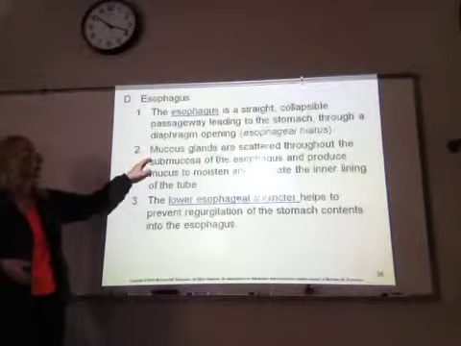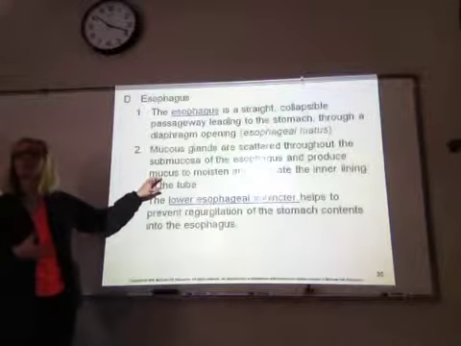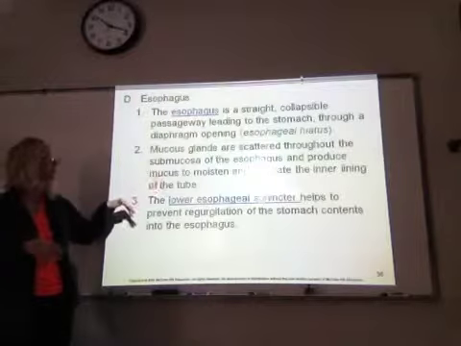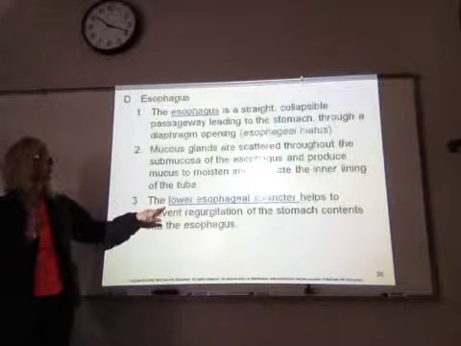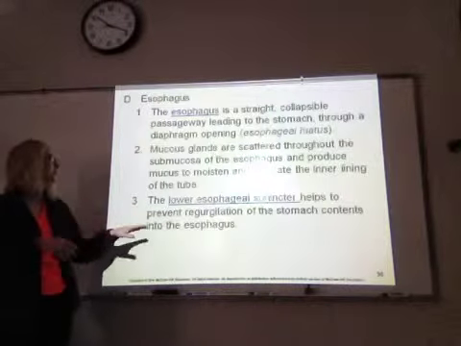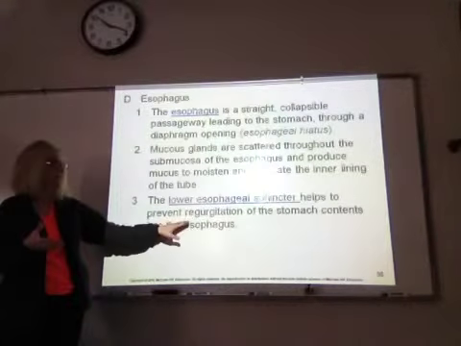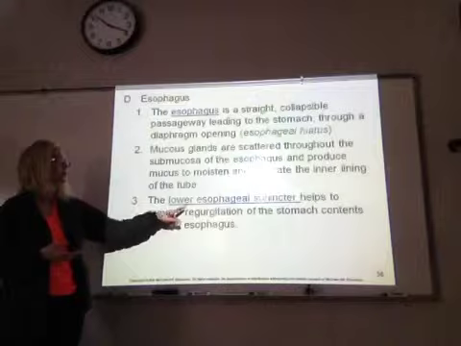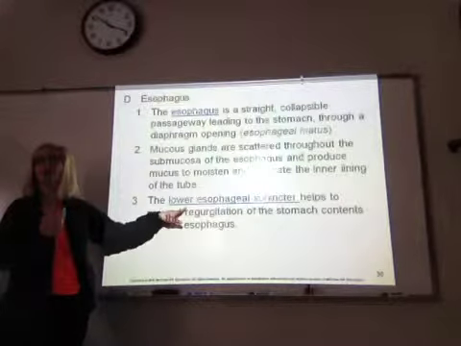Mucus glands are scattered throughout the submucosa of the esophagus. It's going to help continue to moisten and lubricate food as it goes through. And then the lower esophageal sphincter is a round muscle again. It's going to prevent regurgitation of stomach contents into the esophagus. If this doesn't work very well, you may get heartburn.